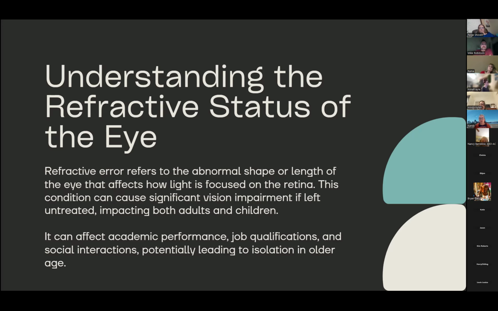I knew a gentleman growing up who was unable to read because he didn't have good eyesight. I think that diminishes his job qualifications and social interactions. There are a lot of people that don't want to go out in public because they think they're going to be judged because of not being able to see well.